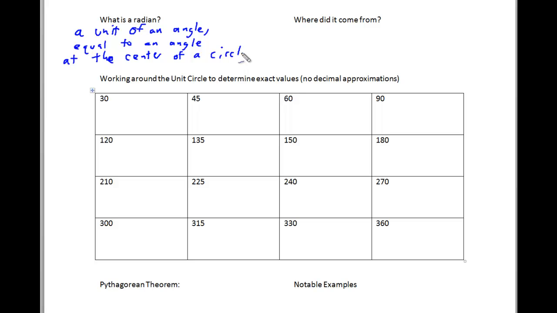What is a radian? A radian is a unit of an angle, equal to an angle at the center of a circle whose arc is equal in length to the radius.